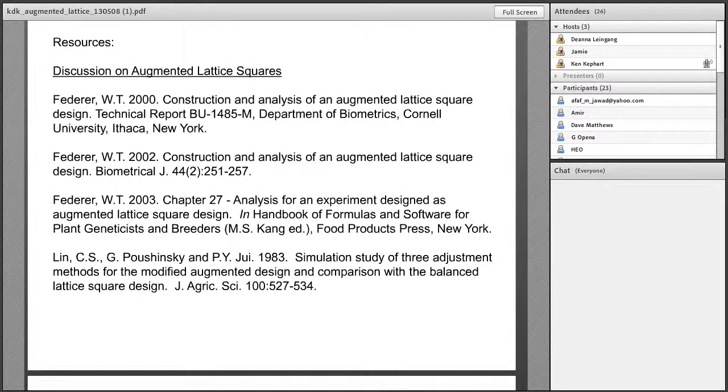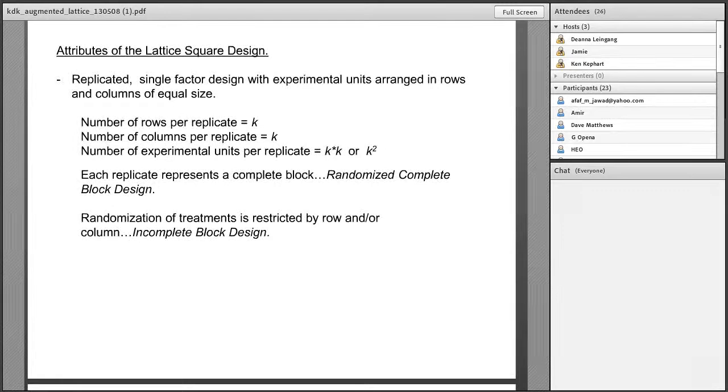The best single citation, of course, would be the one there published in the Biometrical Journal in 2002. That does a good job of explaining the construction, the analysis, the randomization procedure to deploy one of these designs. The last citation there was published back in 1983 by Dr. Lind and Puczynski.